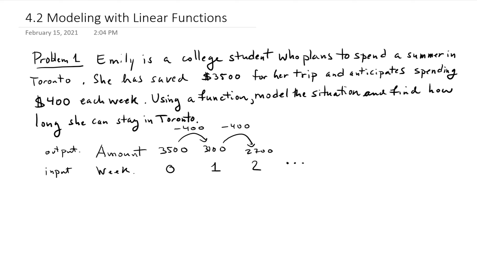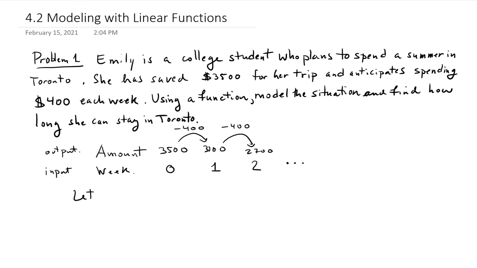Obviously you could do this just by subtracting 400 and see how many 400s you can subtract. That would be a way of doing it. But our goal here is to approach this using the concept of functions. So for my output, I'll call the amount M, the amount of money that she has.